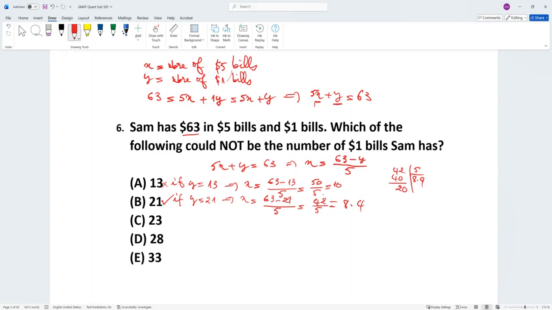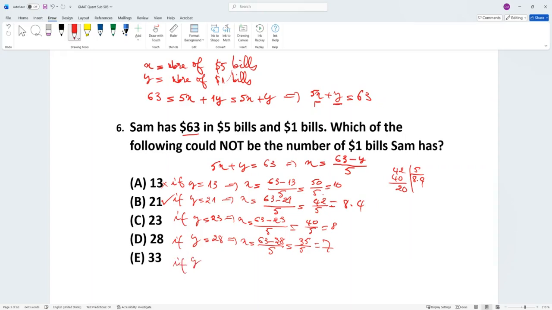Okay, let's continue. If y is equal to 23, then x is equal to 63 minus 23 over 5, which gives us 40 over 5, which is equal to 8. The same thing if y is equal to 28, x is equal to 63 minus 28 over 5, which gives us 35 over 5, equal to 7.